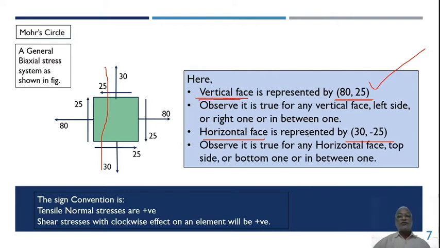So it is true for any horizontal face, top side or bottom side or in between. Any horizontal face, if you take it and try to analyze the stress along that face, it will have 30 tensile and then 25 anti-clockwise shear stress. Okay.